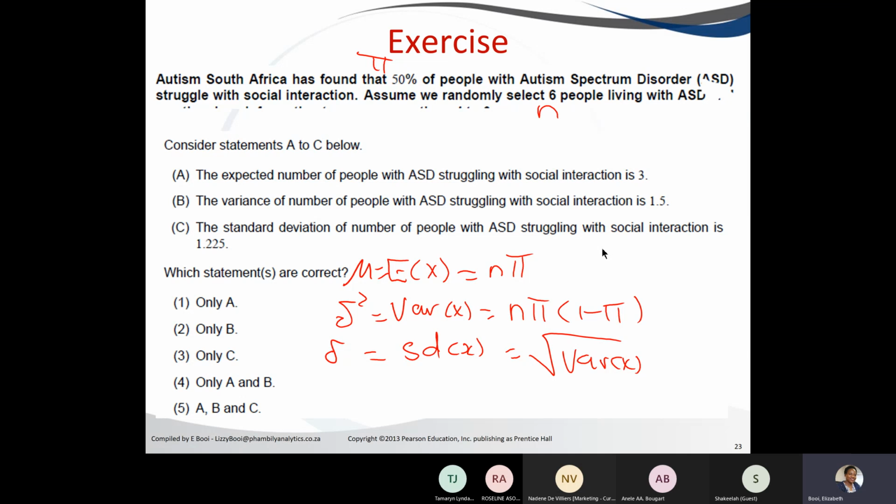Okay, if you calculate 0.5 times 6, you get 3, which means this is correct. Then when you calculate the variance, which is 0.5 times 6 times 0.5 again, you get 1.5. Let me write them here.